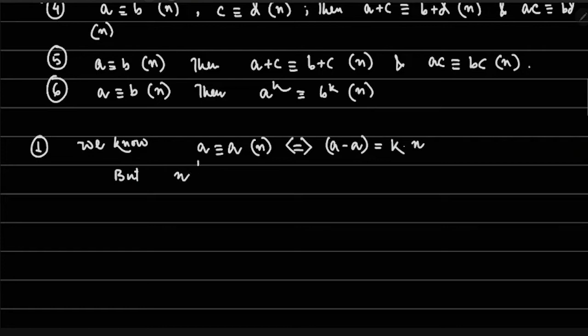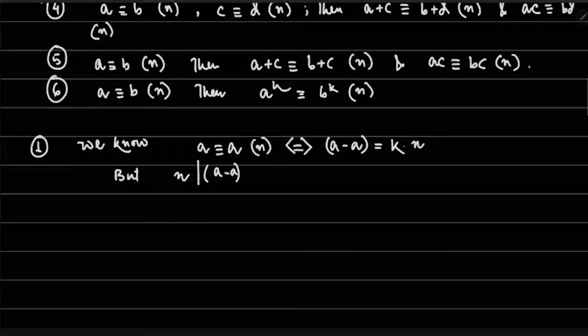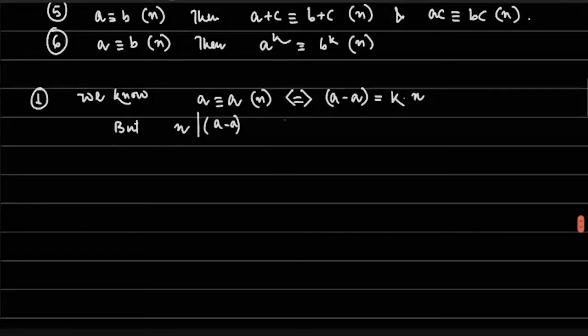But n divides a minus a, that is, n divides 0. Any number divides 0, so this k should be 0. Then a is congruent to a mod n. This is a direct proof.